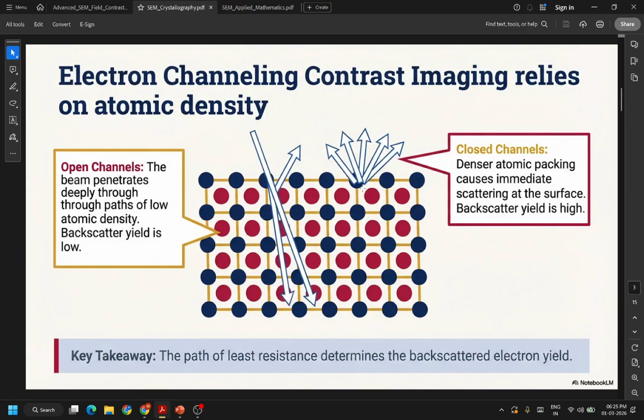But if they hit the regions where the density is high, that is closed channels, denser atomic packing causes immediate scattering at the surface level itself, and the backscatter yield is higher there. So the path of least resistance determines the backscatter electron yield.